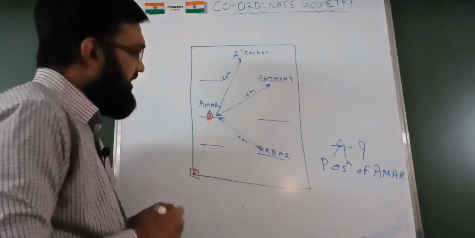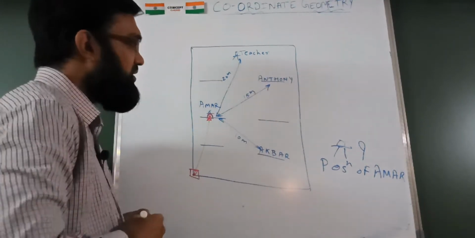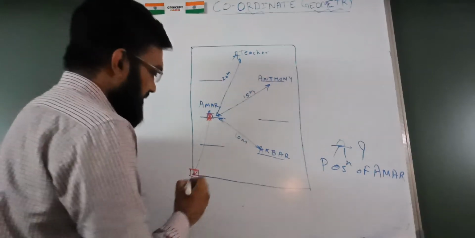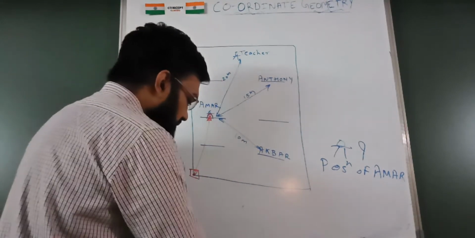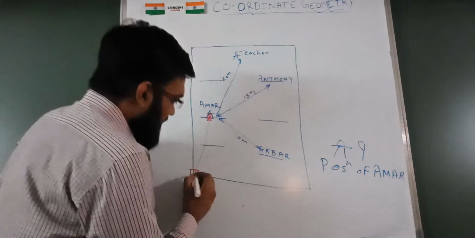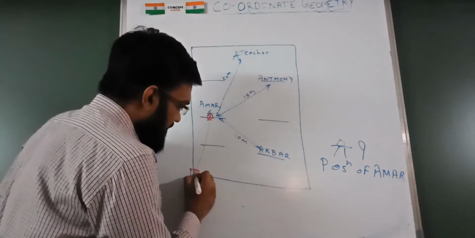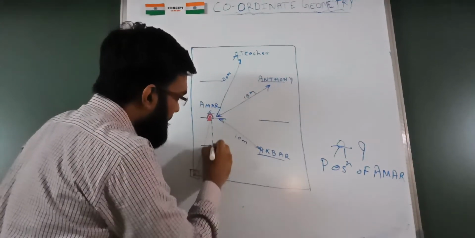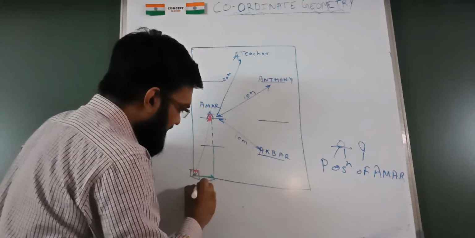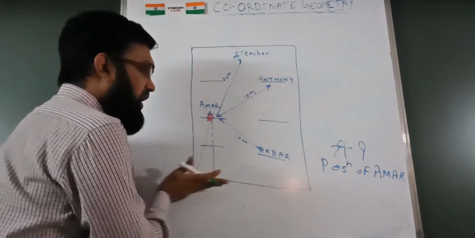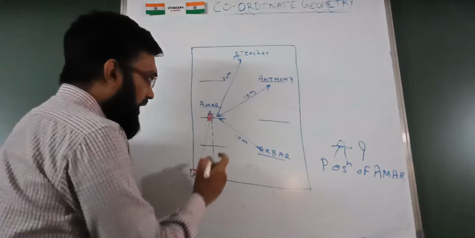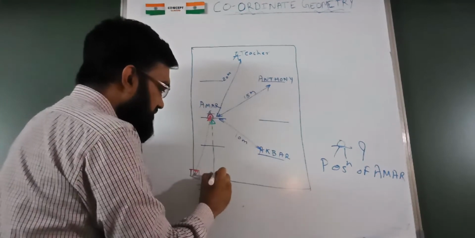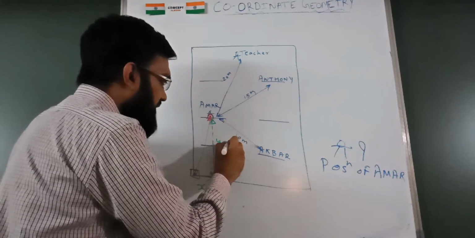Another way that he can define is, Amar can tell that, teacher, I am at a distance of x units along this direction and at a distance of y units in the vertical direction.